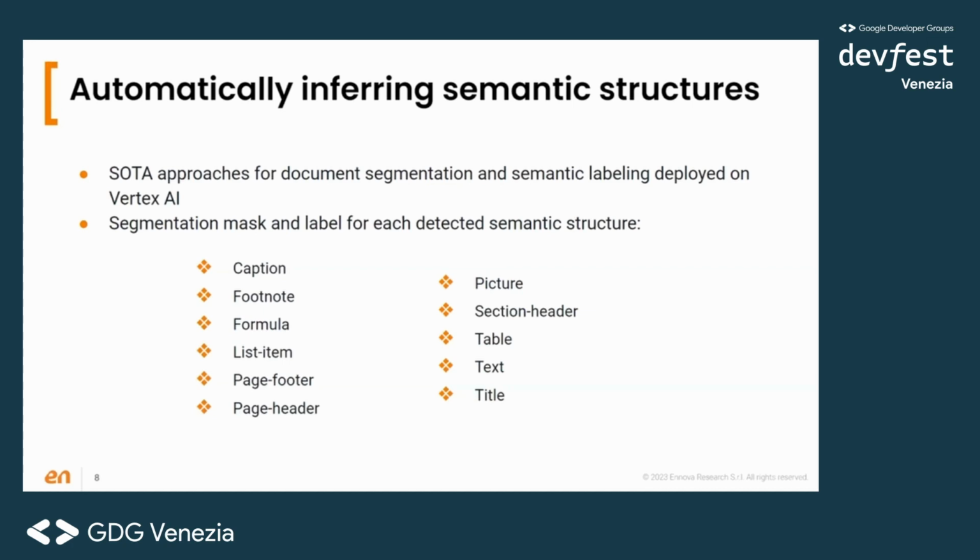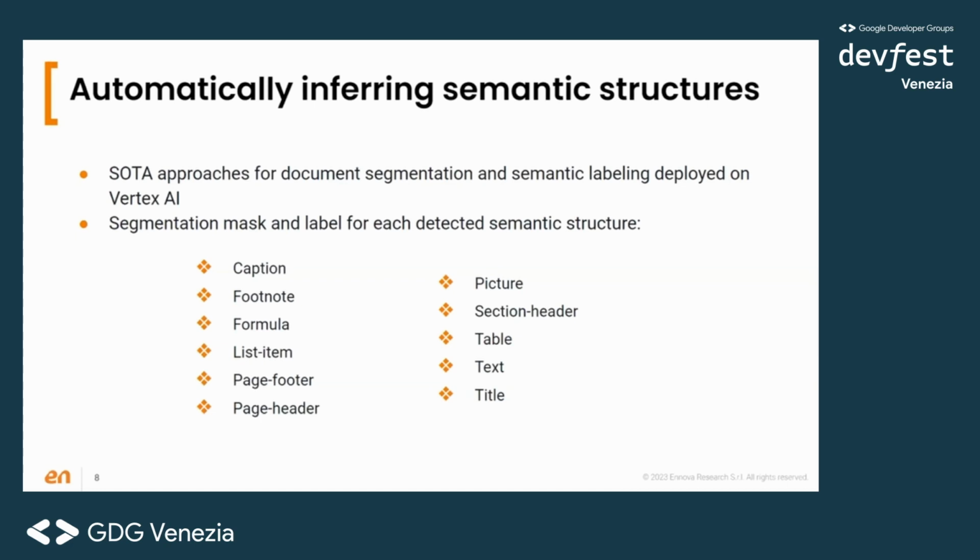So for the first step, there are a lot of models that perform specifically document segmentation and semantic labeling. They are mostly computer vision problems. So they look at a PDF page as a rendered image, and they retrieve bounding boxes and semantic labels for these boxes in the page.